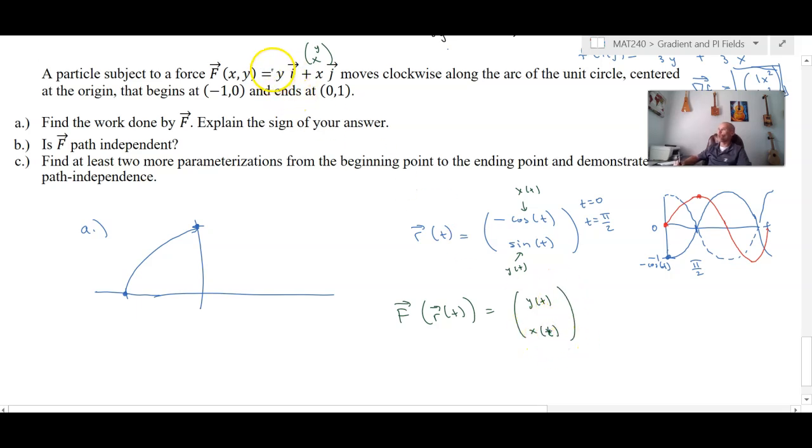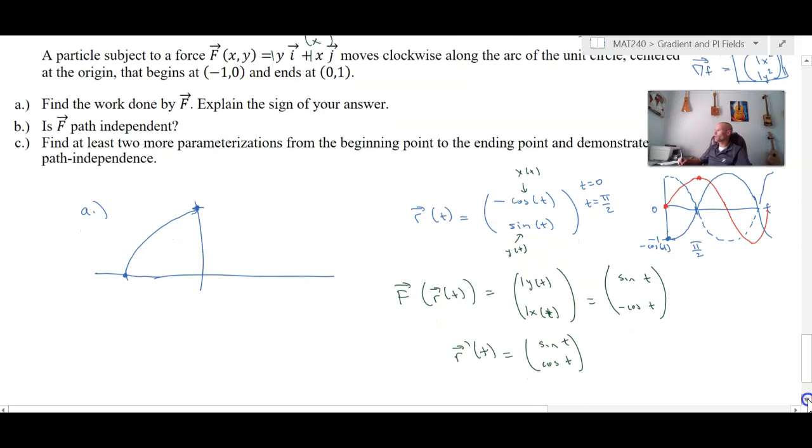No coefficients, it's just 1y, 1x. So y is equal to sine of t, and x is equal to negative cosine of t. The derivative of our position vector, which we'll need: the derivative of negative cosine is positive sine, and the derivative of sine is cosine of t. And I think that we're looking good.